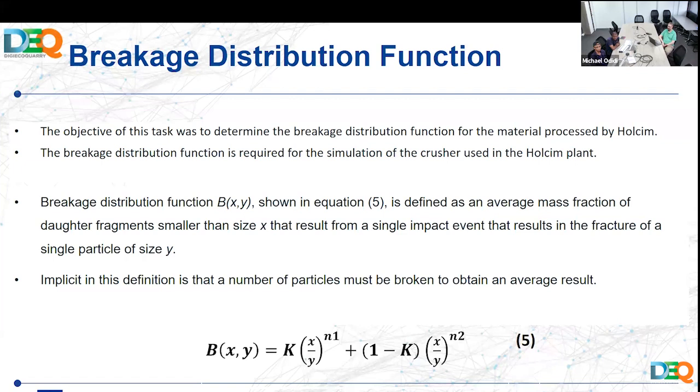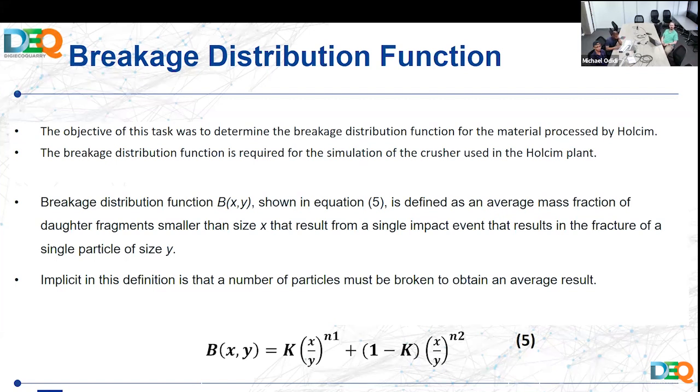So we followed the much more common breakage distribution function from Kelly and Spottiswood's work back in the early 90s, but it's also common from Austin and Klimpel's work. Even though it was originally developed for grinding work, it has been applied by many people on crushing work as well.